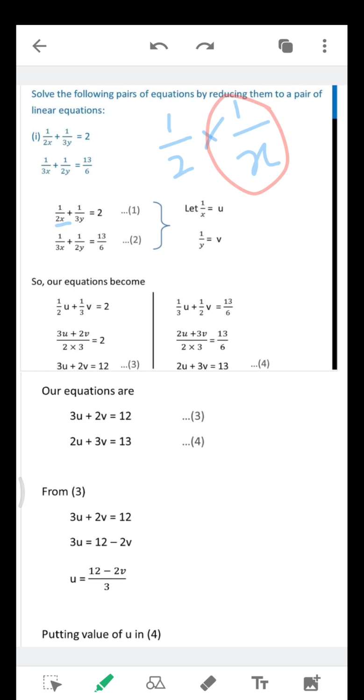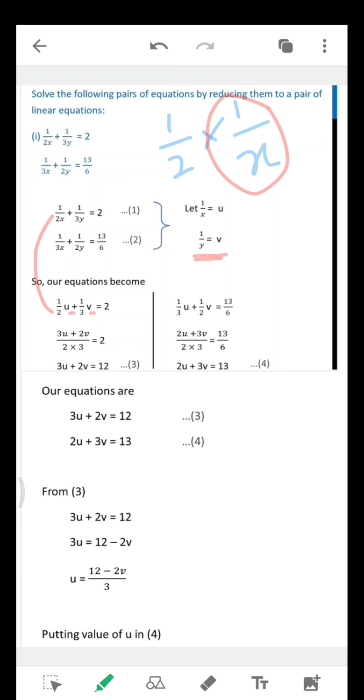So for simplification purposes we'll assume them as u and v. So 1 by 2x becomes 1 by 2 into u. Our first equation becomes 1 by 2 into u, and 1 by 3y becomes 1 by 3 into v, because in place of 1 by y we are substituting v.